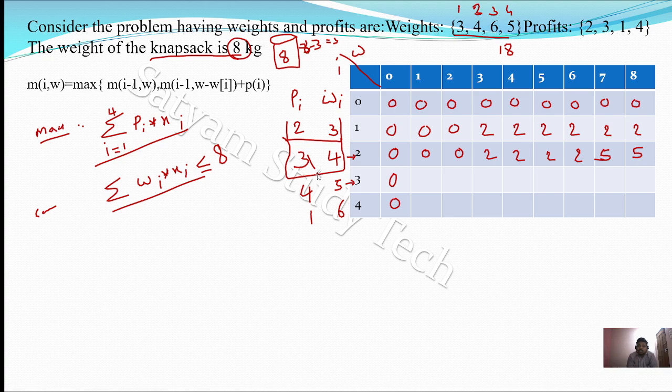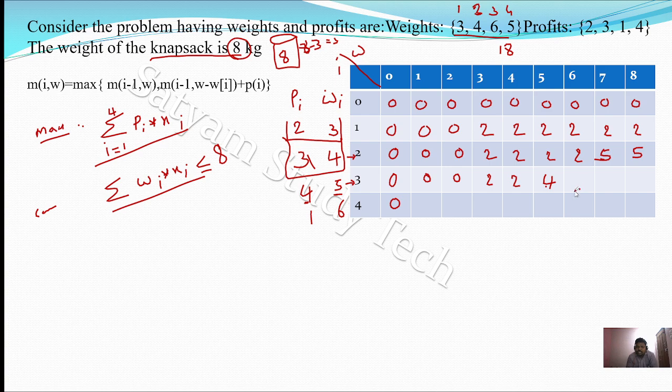Here, if the object weight is 5 and the bag capacity is 5, then you can put this object and get the profit 4. So you can note down here the profit is 4. For the previous row, you can take the maximum values directly.